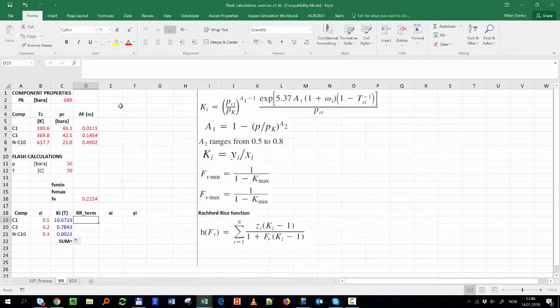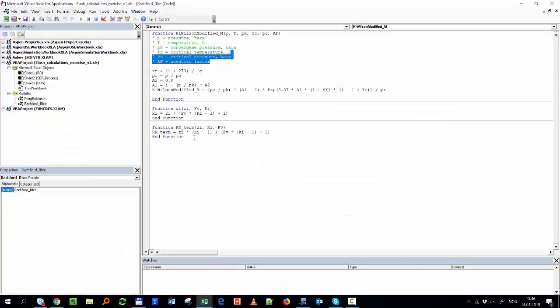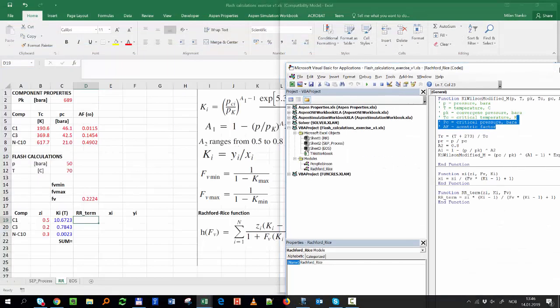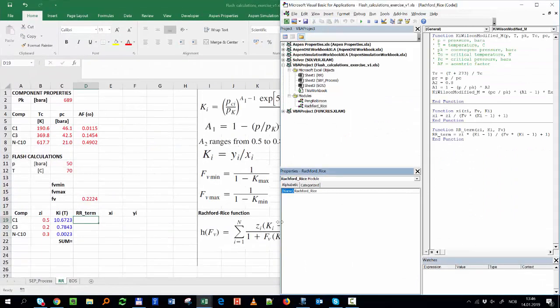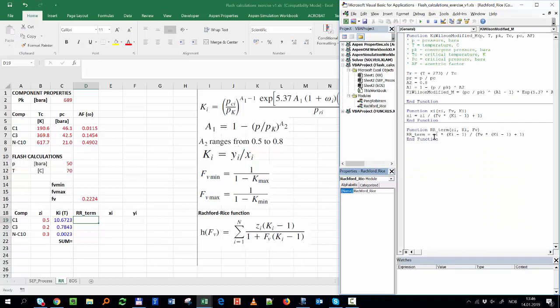Yeah, it's in Kelvin. So now we have to use this Rachford Rice term, which is Zi (Ki minus 1) over 1 plus Fv times (Ki minus 1). So that's the equation we need.